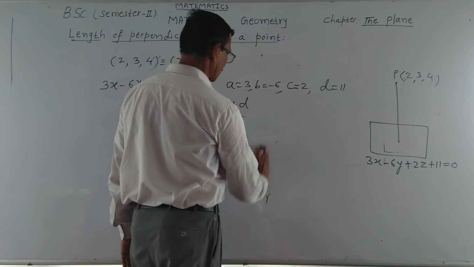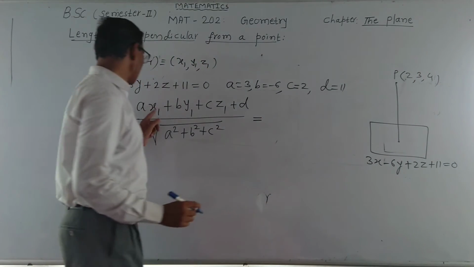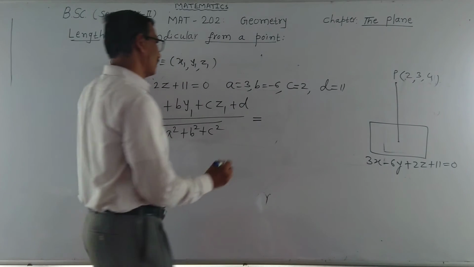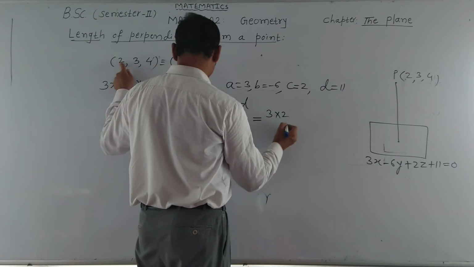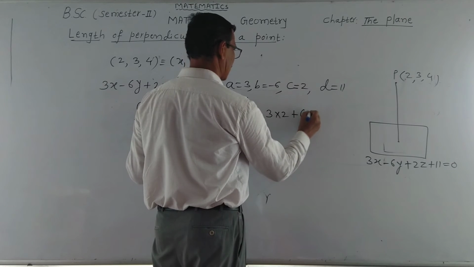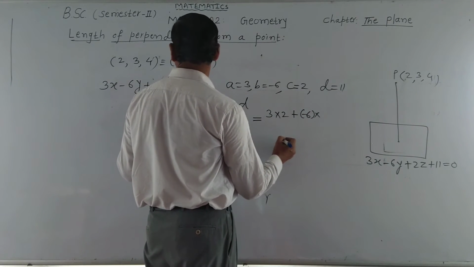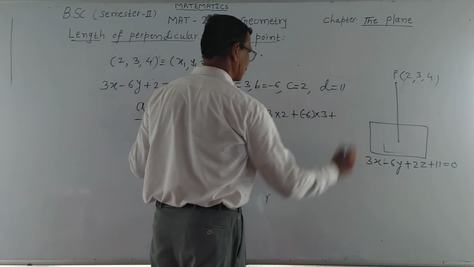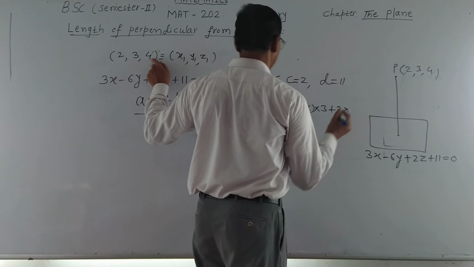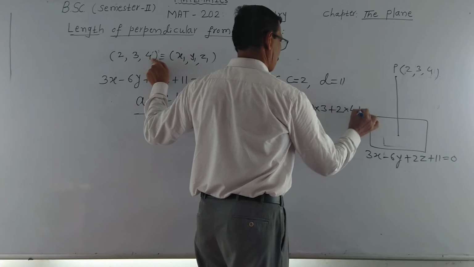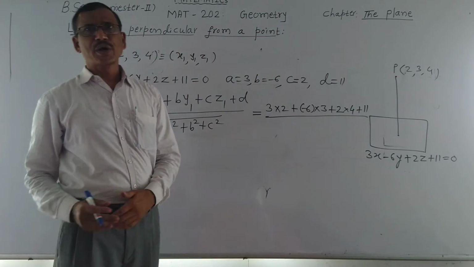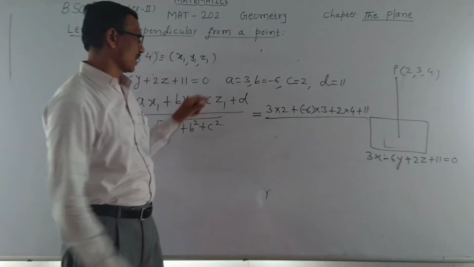Now the remaining part is only calculation. Substitute the values. This is equal to Ax1, A is 3 and x1 is 2, that means 3 into 2, plus By1, that is minus 6 into y1, y1 is 3, plus Cz1, C is 2 into z1 is 4, plus D, that is 11, divided by square root of A square plus B square plus C square.